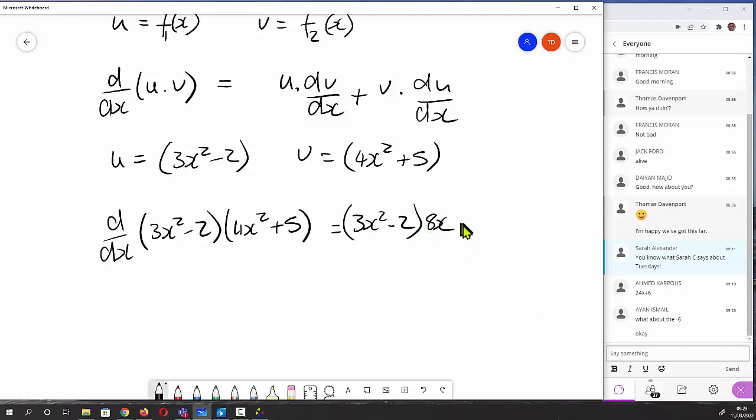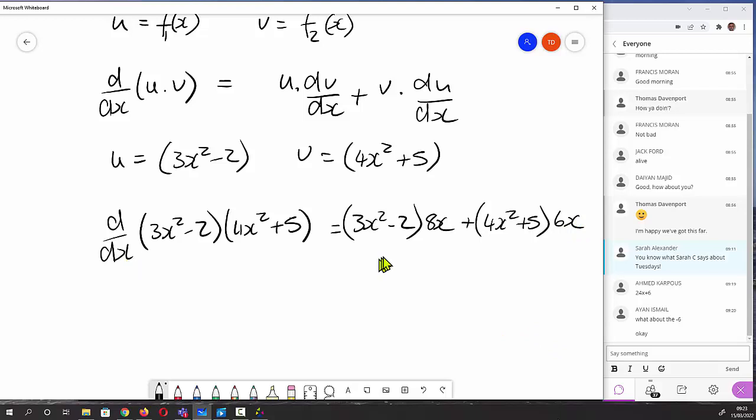And then I'm going to add to that v, which is 4x squared plus 5, and I'm going to multiply that by 6x, okay, which is the differential of the first bracket.